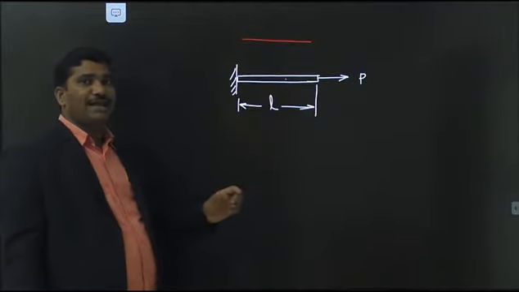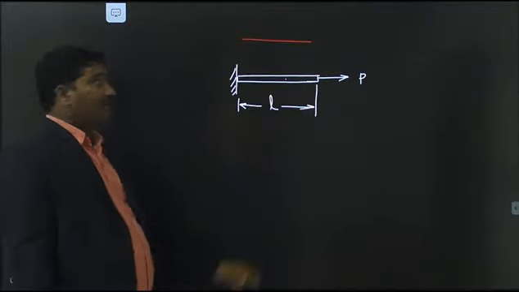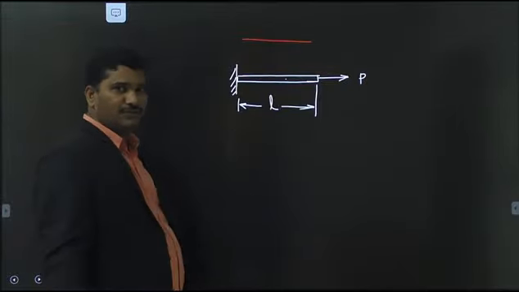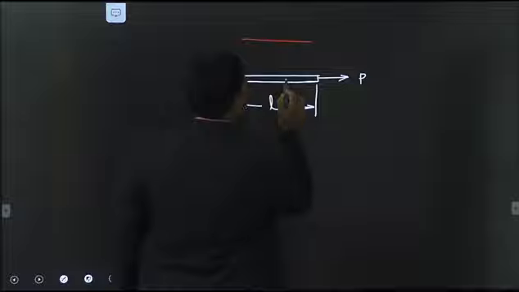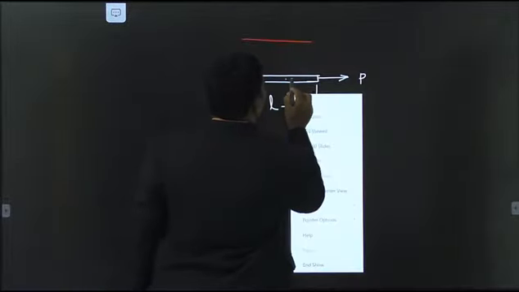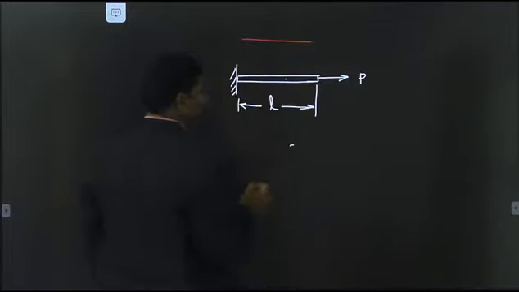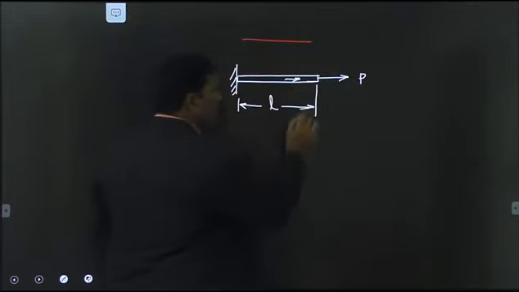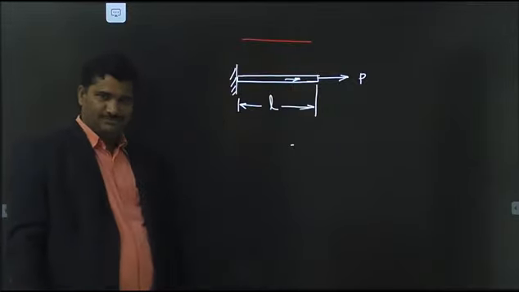Deformation appears here as elongation. Under the action of force P, the length of the bar increases. Therefore, this point tends to move in the direction of force P.